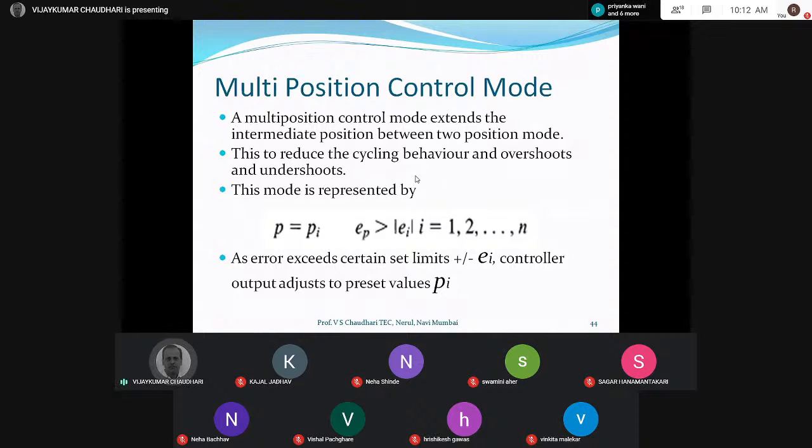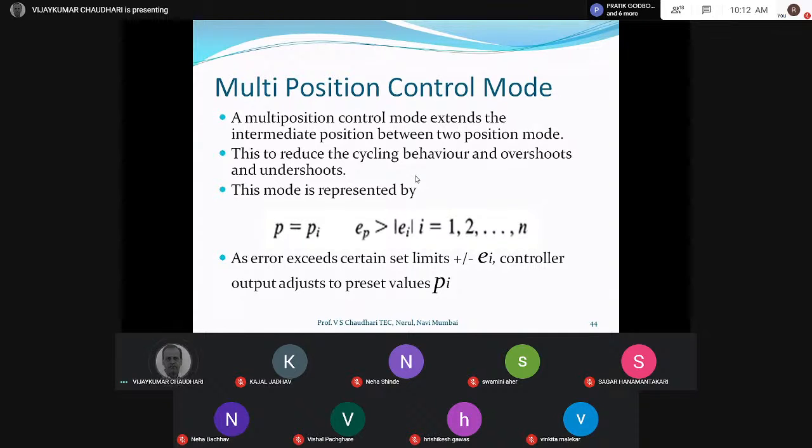You can't adjust the controller output to anything other than 0% or 100%. So it will be a discontinuous control only. It won't be a continuous control, but some steps are added between 0% and 100%.